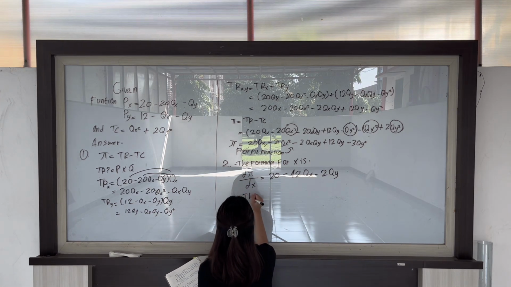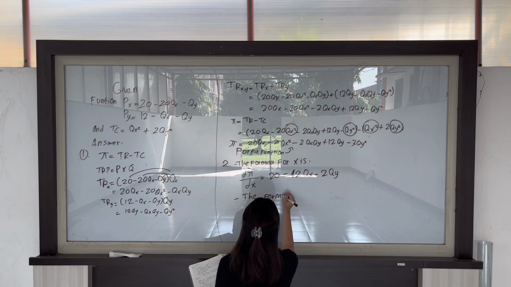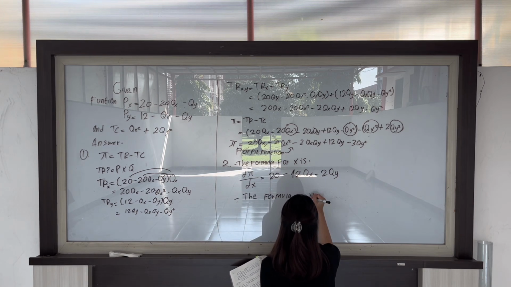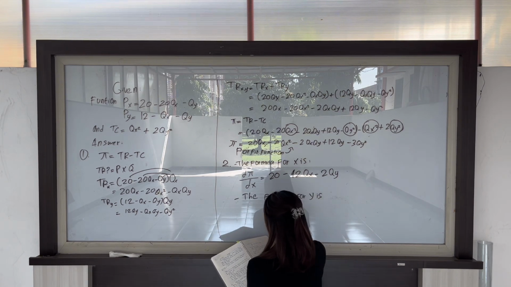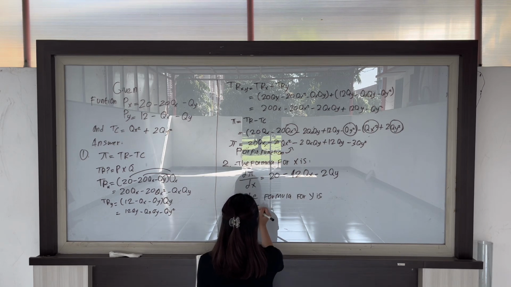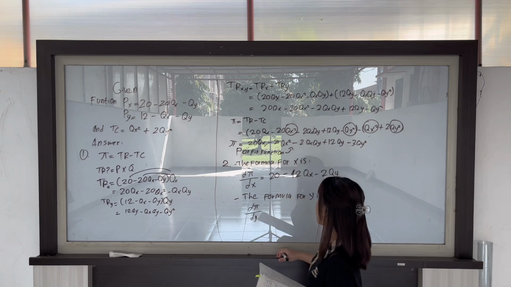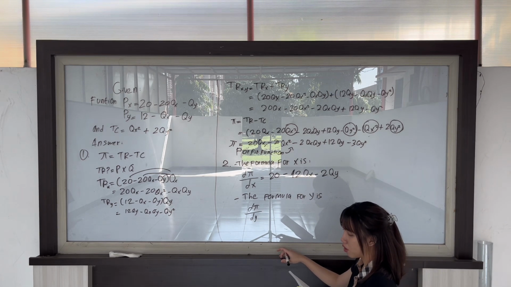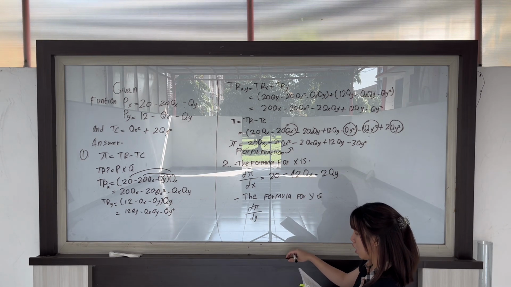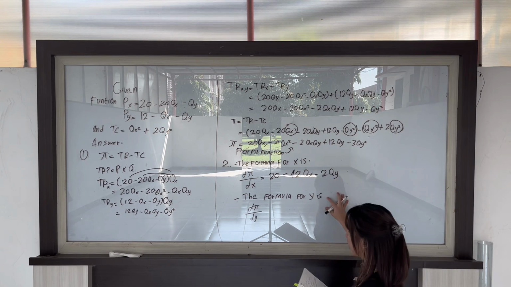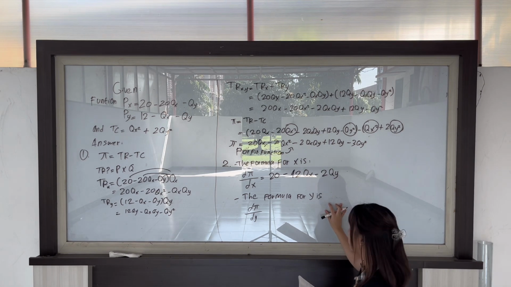Next, the formula for y is dou P over dou Y. The method is the same as for x, but since it's with respect to y, we only take the y variables.